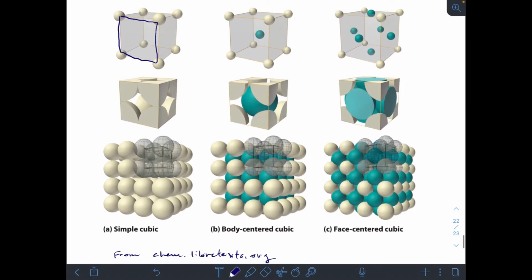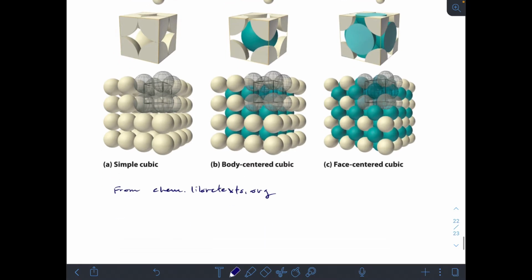All right, now the simplest is the simple cubic. Okay, and it's just atoms on each of the corners of the spheres. Right, so in 3 dimensions, we get 8 corners, and there's 1/8 of an atom on each corner.